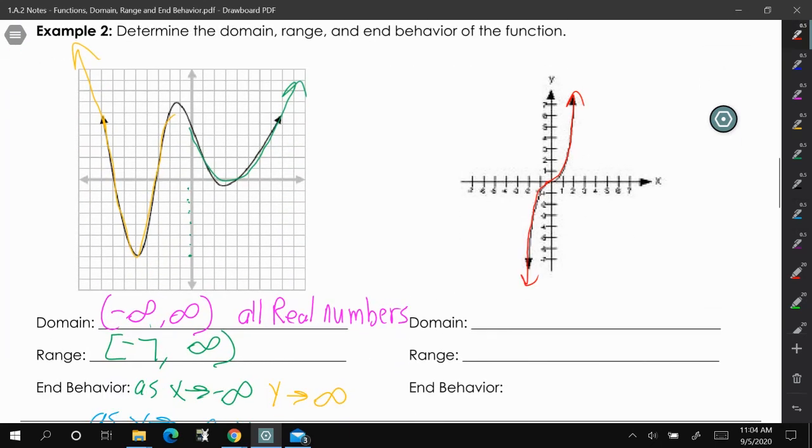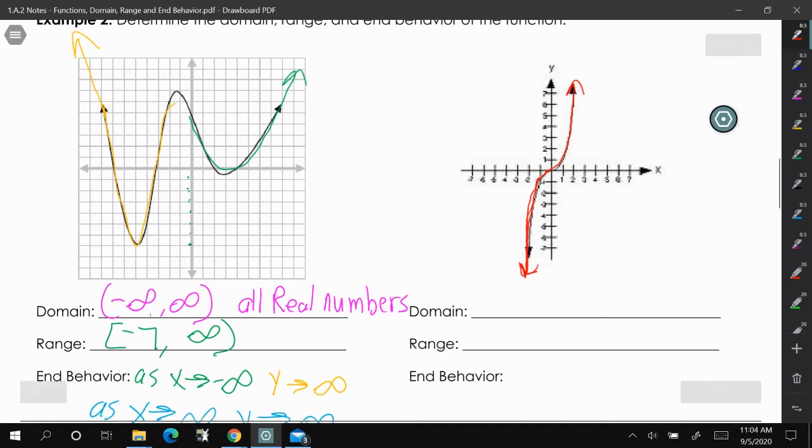So let's look at this next one. Domain and range: you may think that the x values are slowing down or they're going to stop. But the arrow means that this function keeps going forever. And yes, the y values are going down very quickly, but so are the x values. It's just not happening as fast.